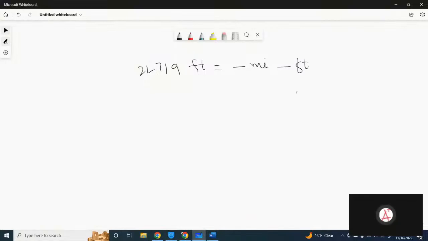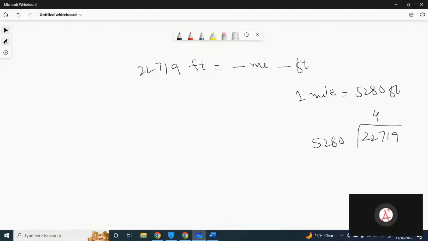So we know that in 1 mile we have 5,280 feet. Got it? So just divide 22,719 by 5,280. It will divide 4 times.